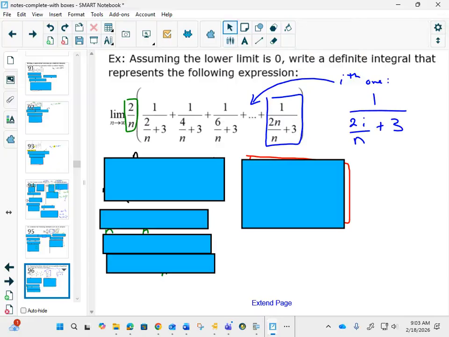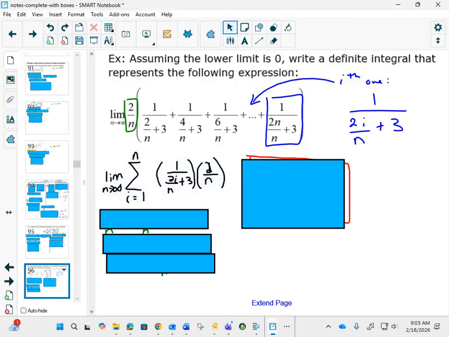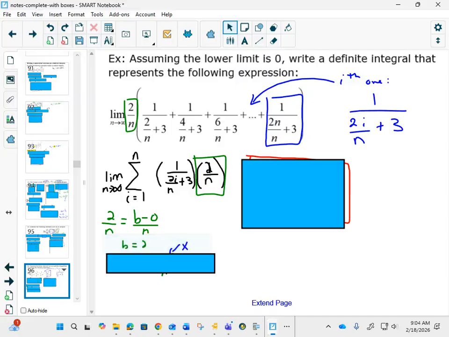Then my summation notation would look like this. I'm going from I equals 1 to n. I still have my change in x, 2 over n. And that 2 over n technically could be out in front, but it can be in there as well. And now I replace all of those sums with this. I've got a starting value that a is 0. And since my change of x is 2 over n, my b value will be 2.